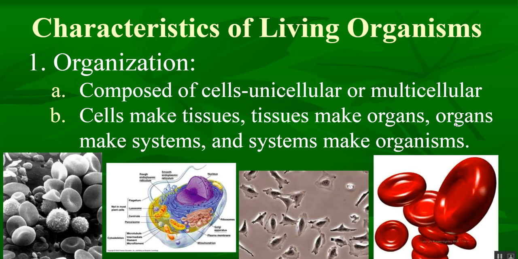And then you put organs that work together, they make systems. So like your digestive system, your respiratory system, your cardiovascular system. And then when you put your systems together, it makes up the whole organism. So again, living things are composed of cells and they are organized in this manner.